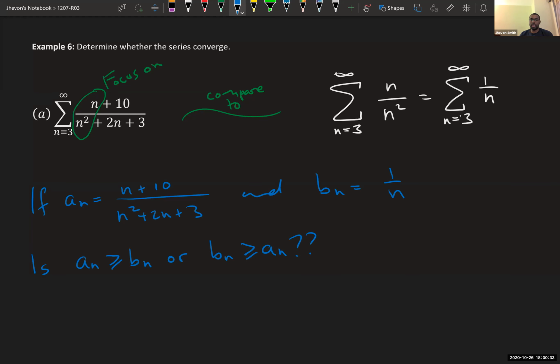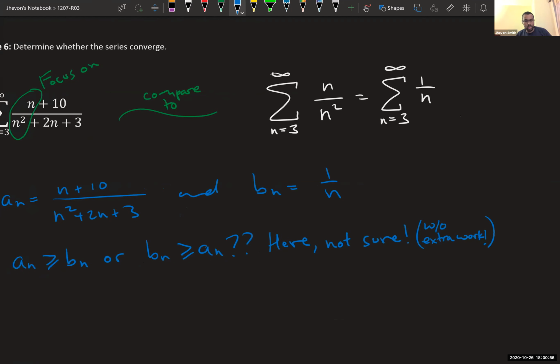And it turns out in this case, we're not sure. At least not sure without extra work. Right, I mean, you could probably figure it out, but it'll probably take more work than you'd want to do.